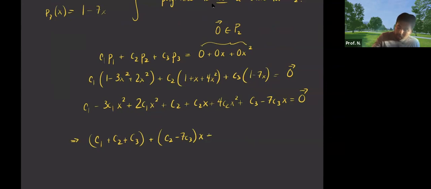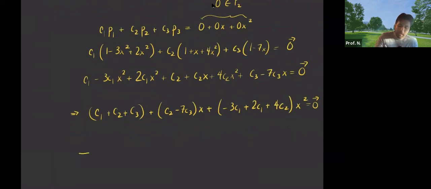That's my linear term, the x term. And then lastly, I got minus 3C1 plus 2C1 plus 4C2 x squared. That equals 0. And then from here, I have 3 equations. I got C1 plus C2 plus C3, this must equal 0. I have C2 minus 7C3, this must equal 0. I got minus 3C1 plus 2C1, sorry, this should be 2.